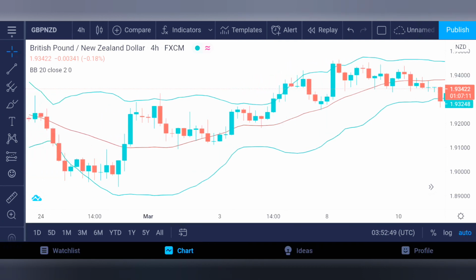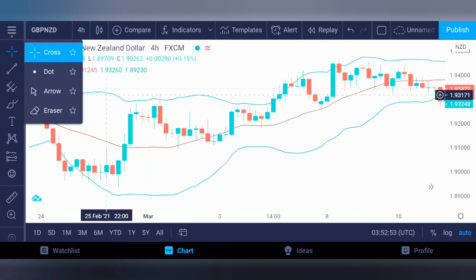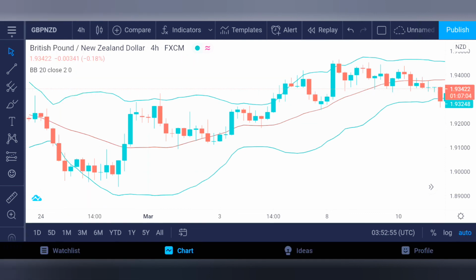You can see a band above here, then below it also has a band below. So a band above, a band below, then a middle band.